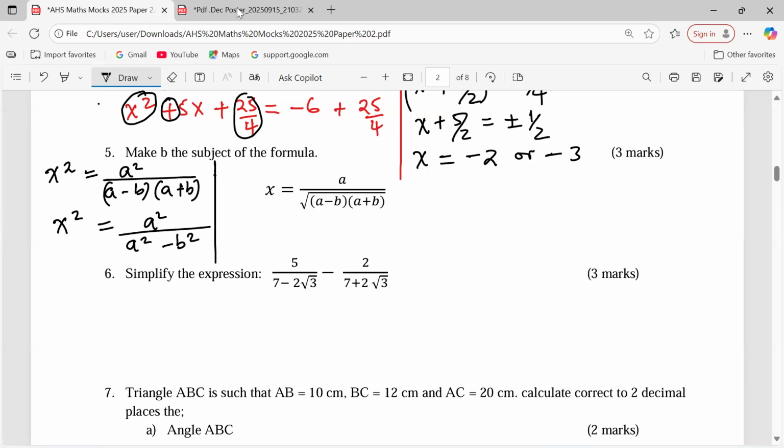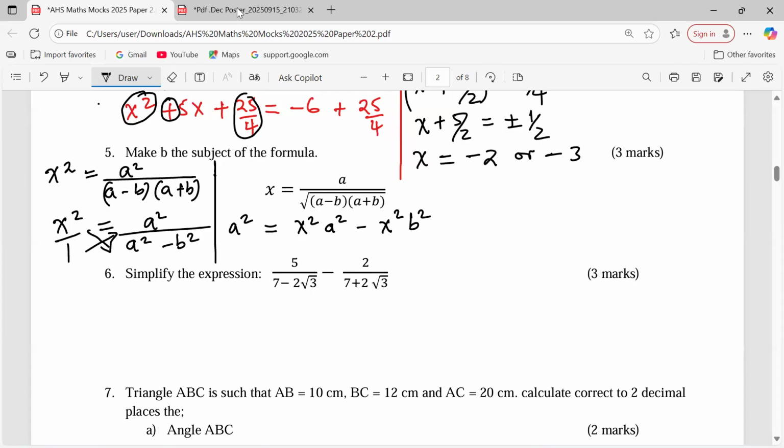Let's cross multiply such that we have a squared, because it multiplies only one. Then x squared multiplies a squared minus x squared multiplying b squared. x squared multiplies everything here, and 1 multiplies everything there.